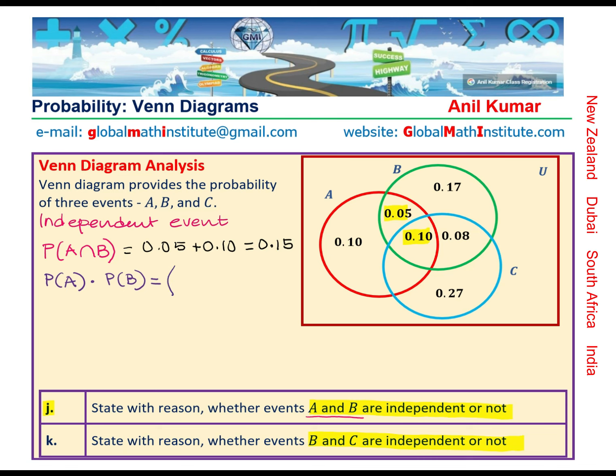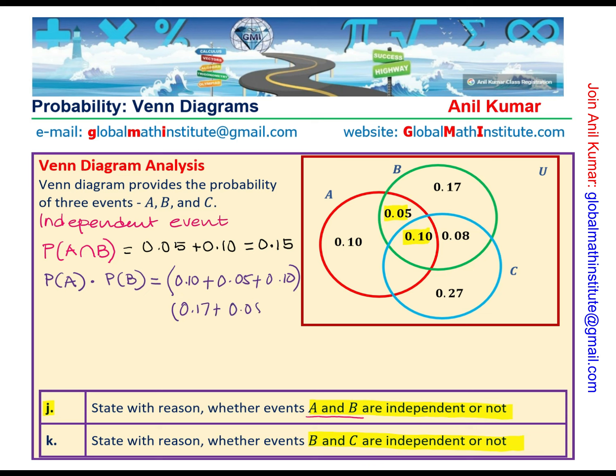So let me write down 0.10 plus 0.05 plus 0.10. So that is probability of A, and we have to multiply this by probability of B, which is 0.17 plus 0.05 plus 0.10 plus 0.08.